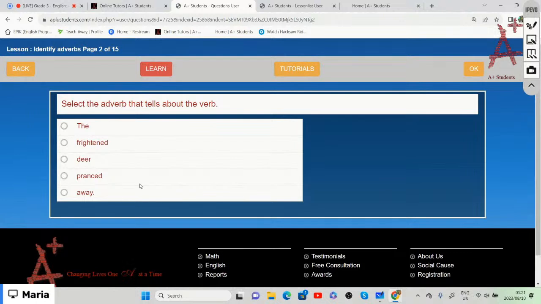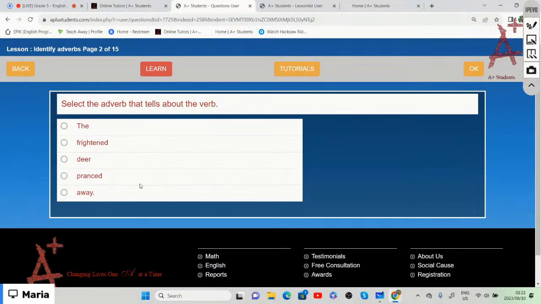So frightened deer, frightened is an adjective that tells us about the deer, which is a noun. Now we need to select a word that tells us about the verb, the verb being pranced, right?